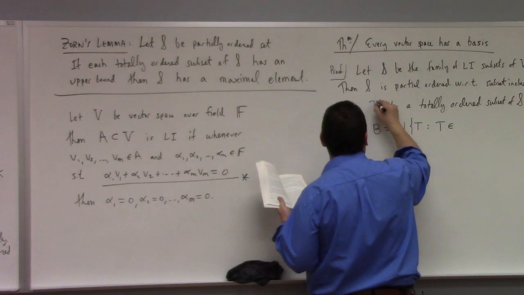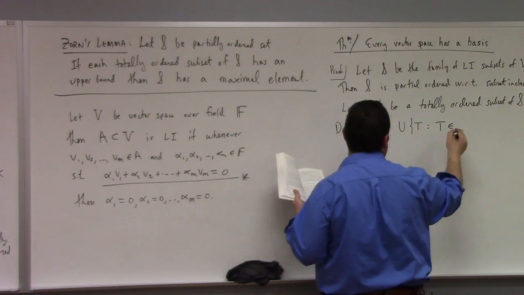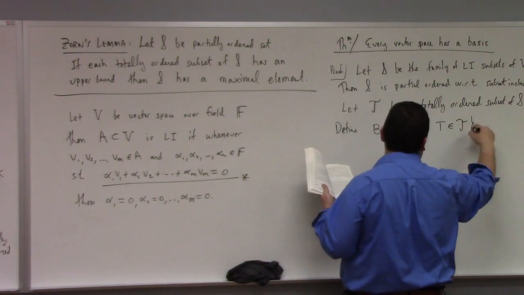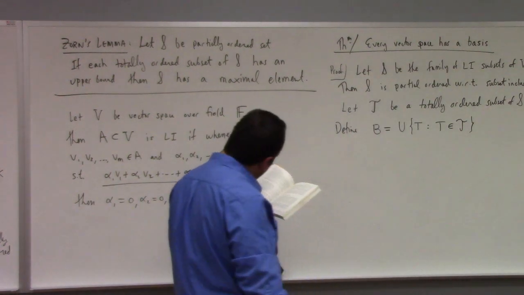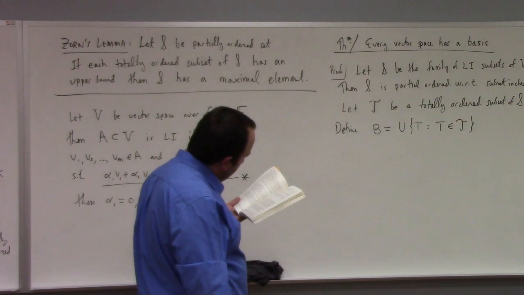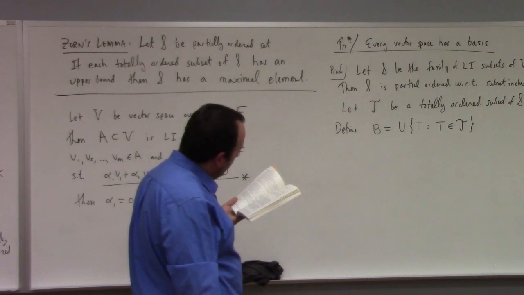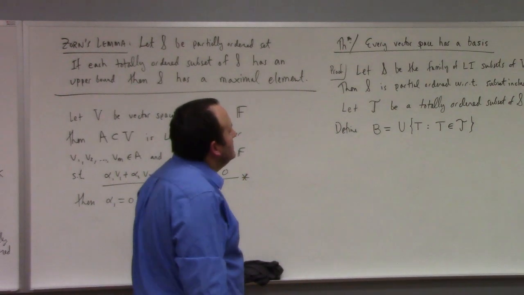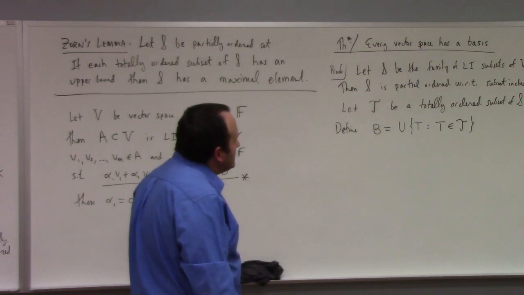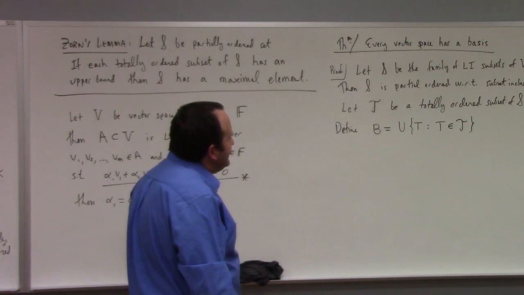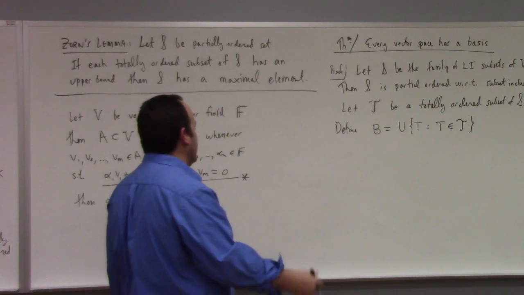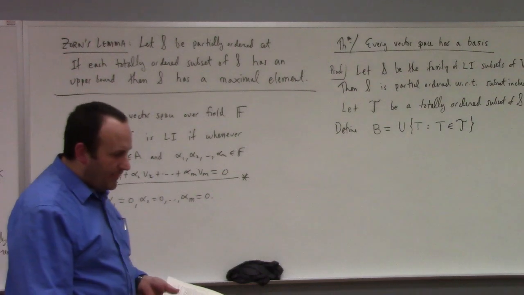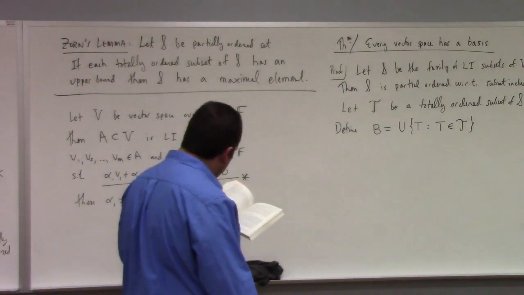I'll get it eventually. Scripty T. There. So B is the union of all the sets in this totally ordered subset, right? Yeah.